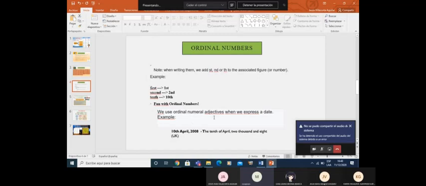Note: when writing them, we add ST, ND, or TH to the associated number. For example, first, second, and third. We use ordinal number adjectives when we express a date. For example, the 10th of April.